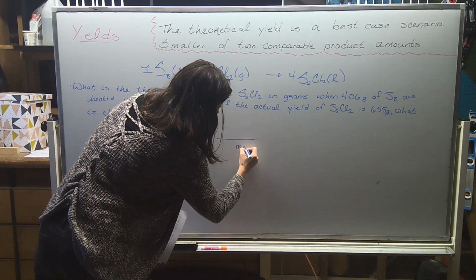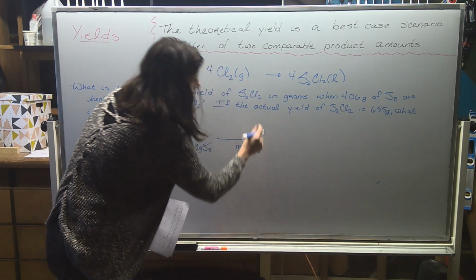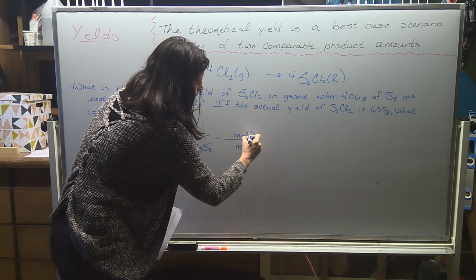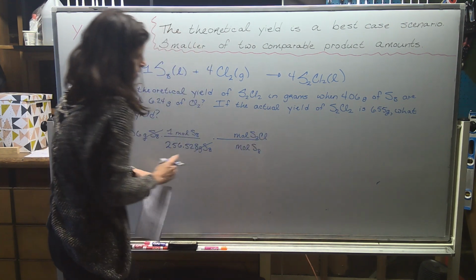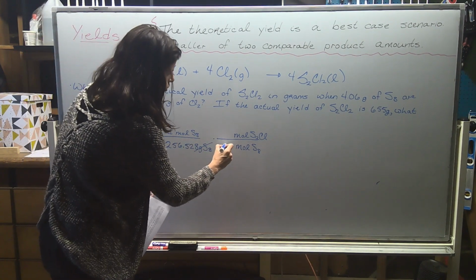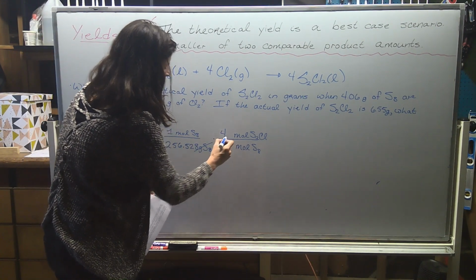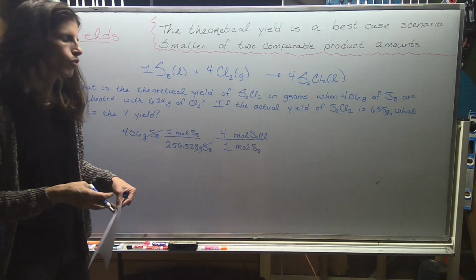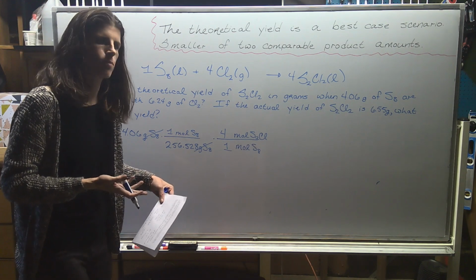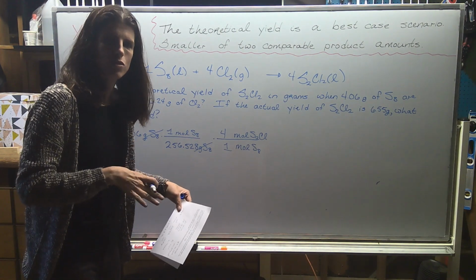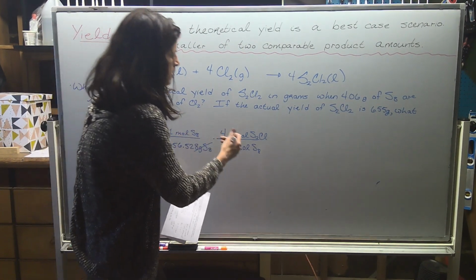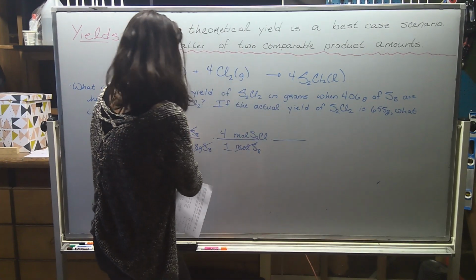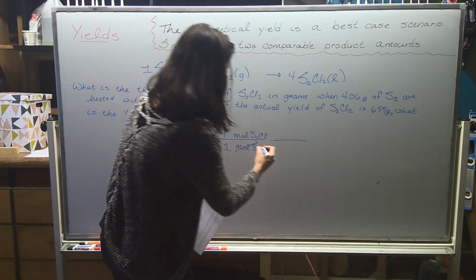Trying to get rid of moles of S8. And there's only one product, so I'm going to pick the disulfide dichloride. And then I throw my coefficients of the balance equation in there. Since the actual yield was given in grams, and I needed my units to match when I do that calculation, I'm going to take this one step further and convert it back to grams.